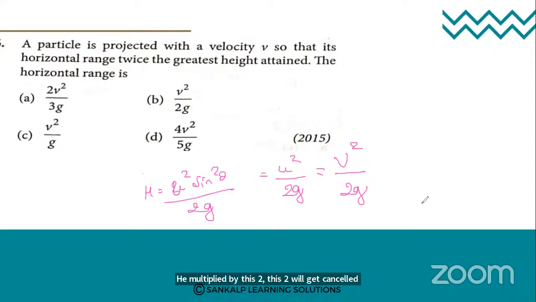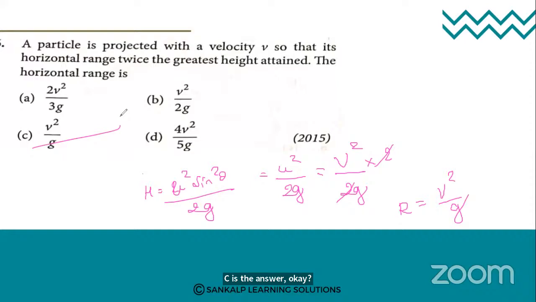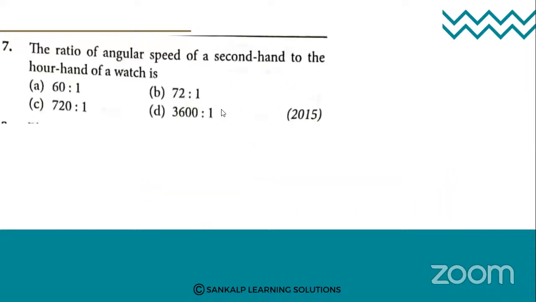Therefore, our range will be v square upon g. That is C, the answer. Option C.